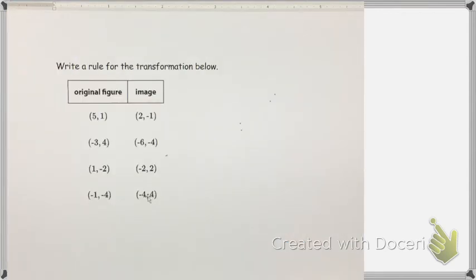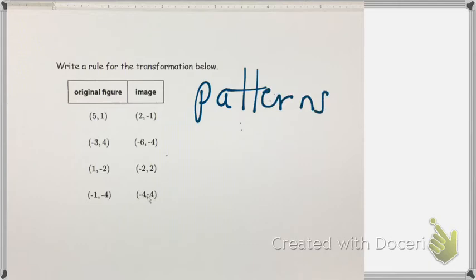Same thing here. We're looking for patterns in the x's, patterns in the y's, switches. So we're looking for patterns. We're looking for sign changes. We're looking for switches.